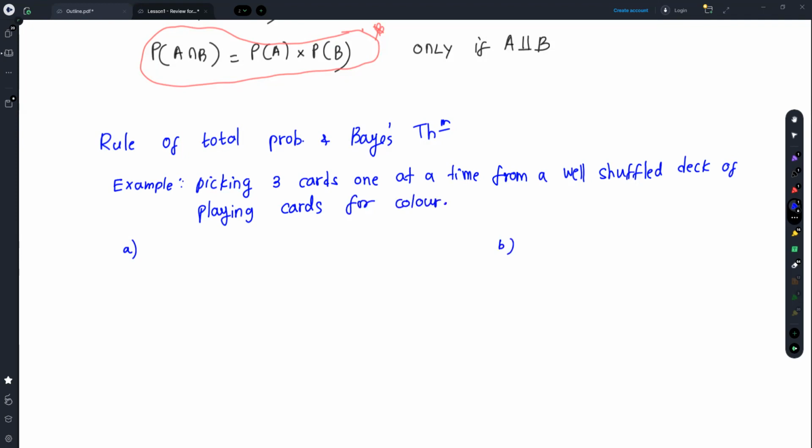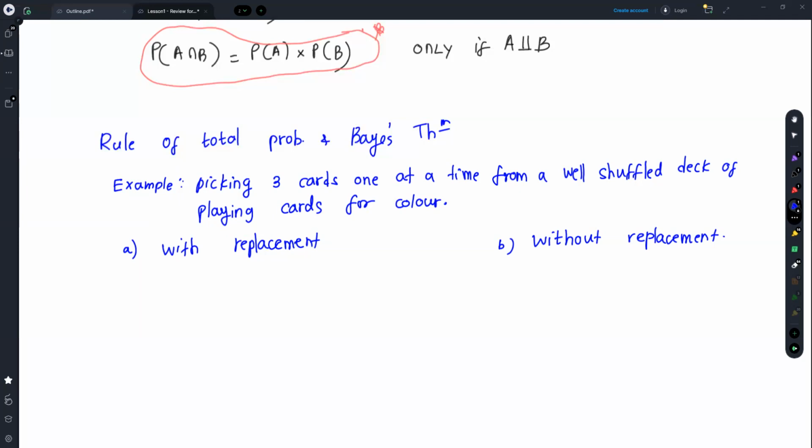You can do it in 2 ways. One is with replacement. The other is without replacement. What is the difference? With replacement means you pick the first card, put it back, shuffle, and then you pick the second card.